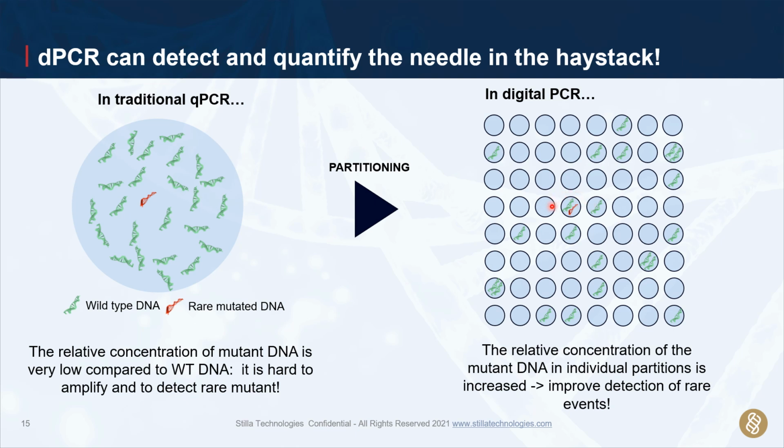If you take this one droplet as an example, here we have two DNA molecules, one rare mutant type and one wild type. And you can see that in this specific one, the concentration of the rare or mutant target molecule that we are trying to detect has now increased substantially because of the partitioning of the sample. Therein lies the power of detecting rare variants with Crystal Digital PCR.